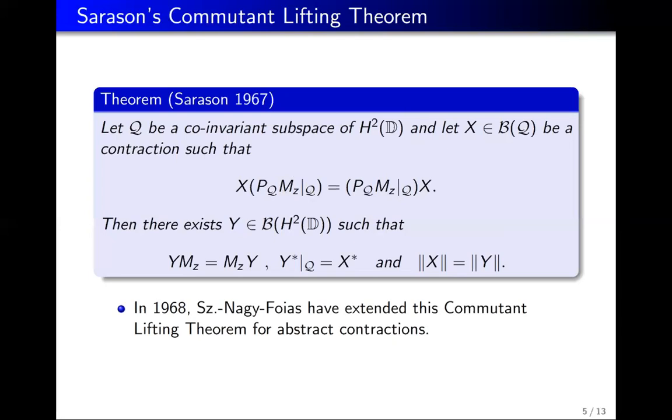And it turns out that if you take a pair of contractions instead of a single contraction, as shown by Nas and Foyers, this theorem doesn't really hold there. So it doesn't really go through for tuples or even pairs.